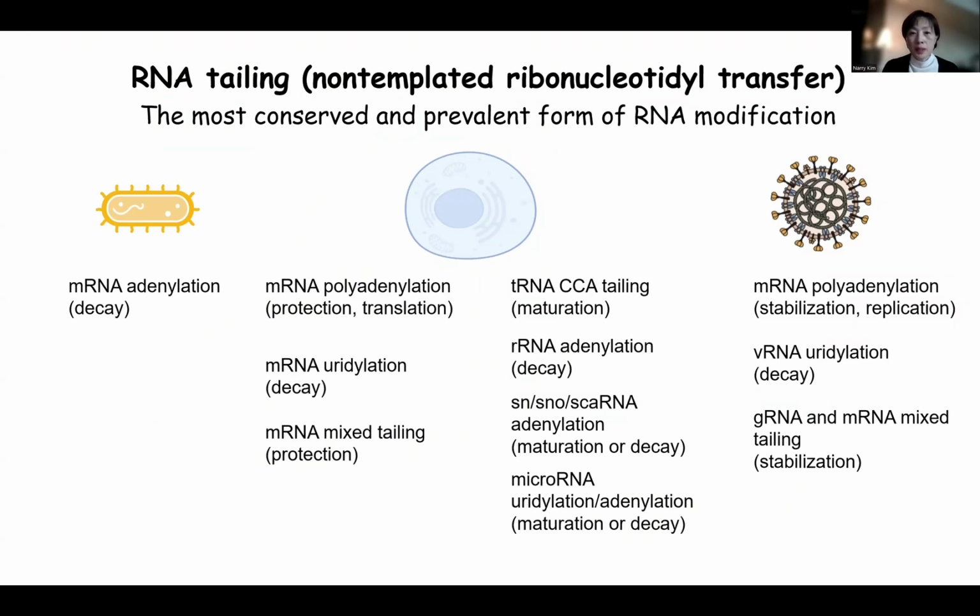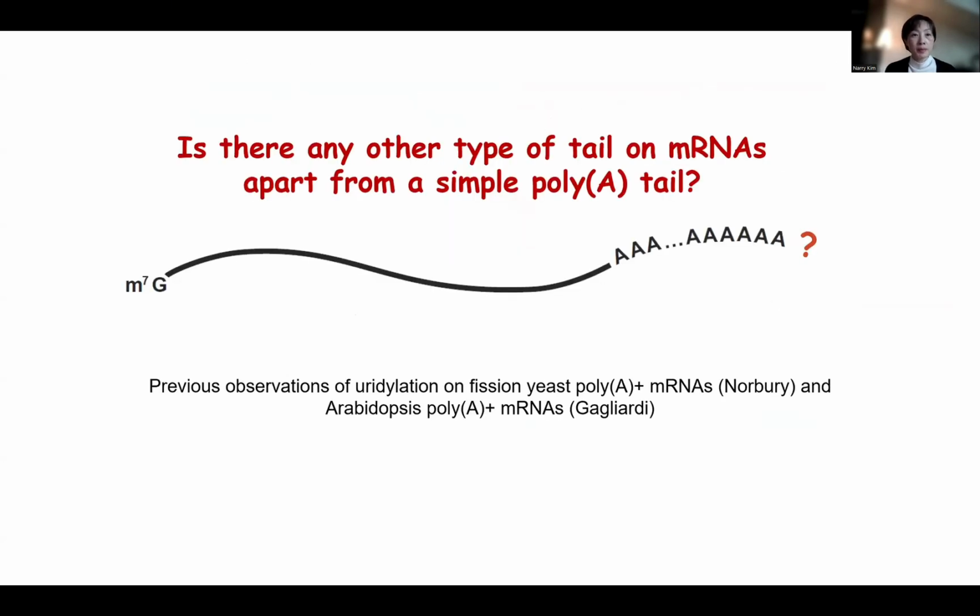My lab has been interested in microRNA modifications such as uridylation and adenylation, which are important for maturation or decay of microRNAs. But we later became curious if there is any other type of tail on messenger RNAs apart from a simple polyadenosine tail.